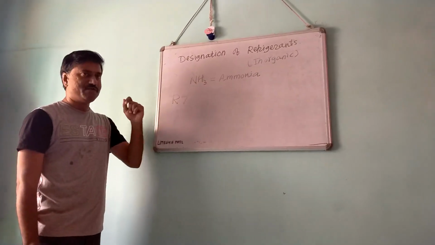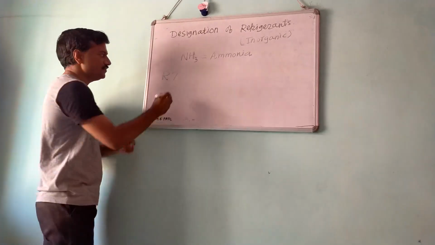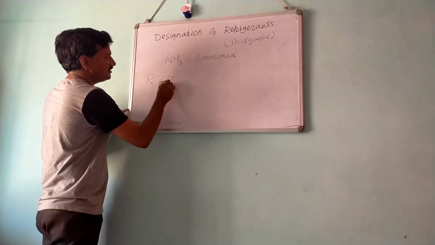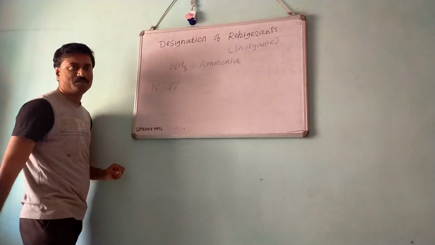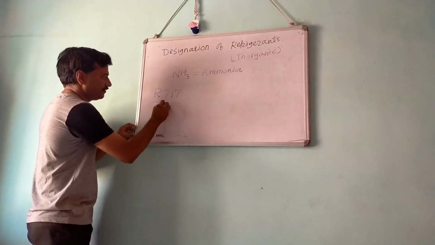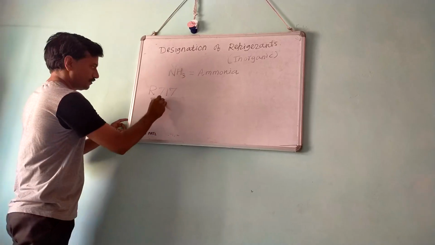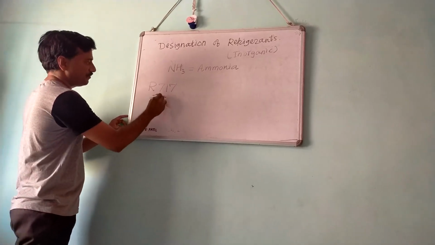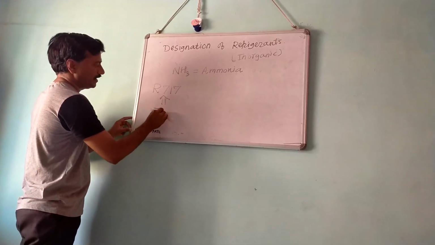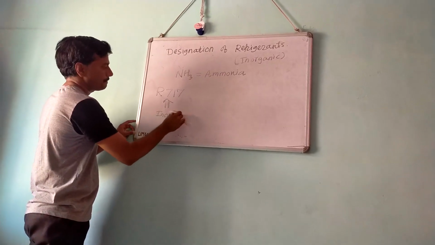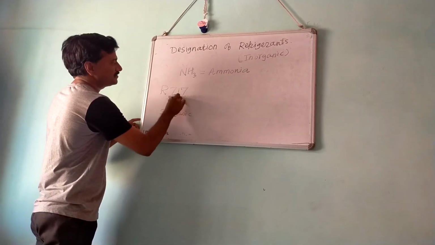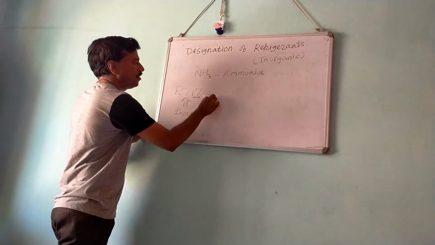The molecular weight of ammonia is 17. So its designation is R717, where this digit 7 is used for all types of inorganic refrigerant, and the last 2 digits are the molecular weight.